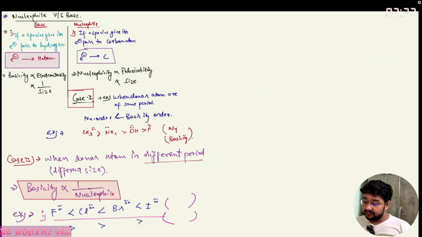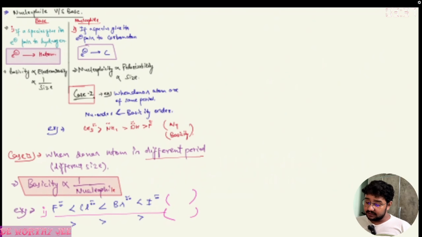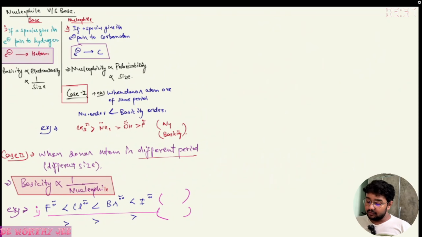Just come to the definition. The definition says itself that basicity is inversely proportional to size. So what should be the answer for the first? It is nucleophilicity, because the more size it has. Iodine already has a bigger size and it has the negative charge, so the anion of iodine is much larger than the iodine atom, so the nucleophile is great. So this is the order of nucleophilicity, and the lower one is the order of basicity.